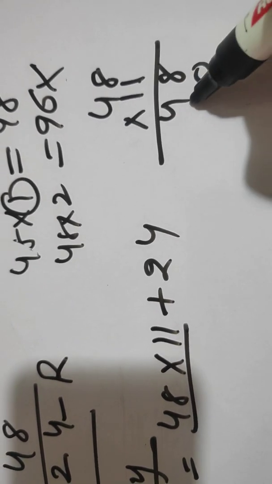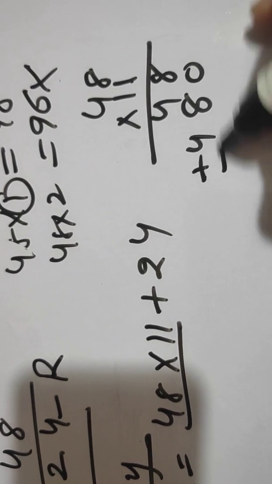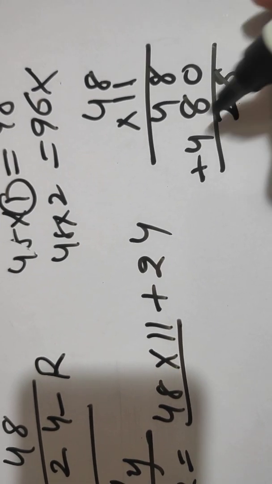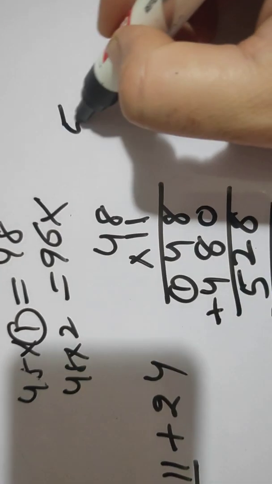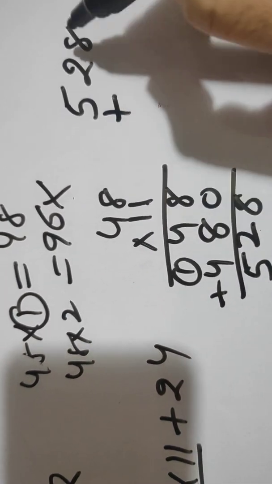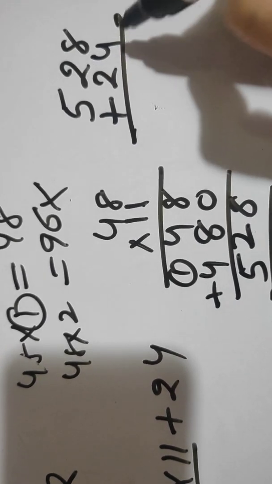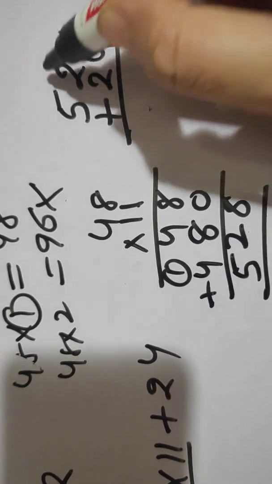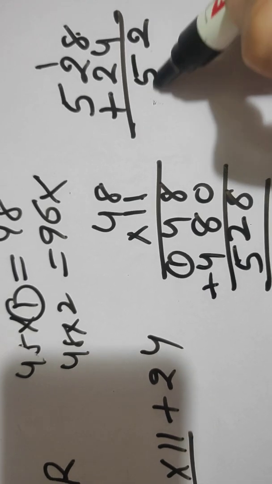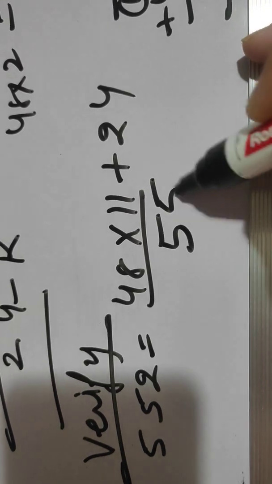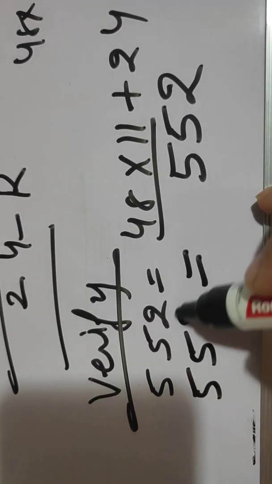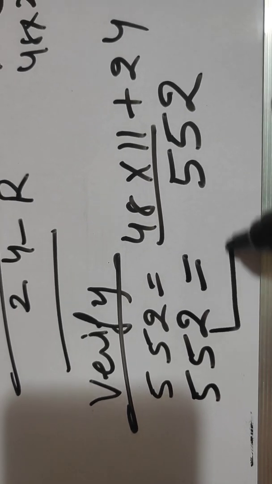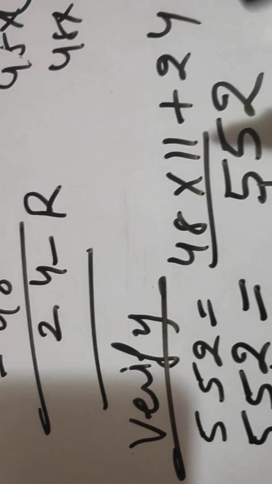Put 0 here. 1 8 is 8, 1 4 is 4. 8, 8 plus 4 is 12, 1 goes as carry, 528. Now we will add the remainder, which was 24. 8 plus 4 is 12, 1 goes, 2 2 is 4 and 1 is 5. Yes, it is 552. Right hand side becomes 552 and left hand side was already 552. It means our answer is right.